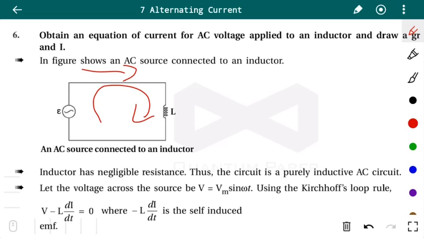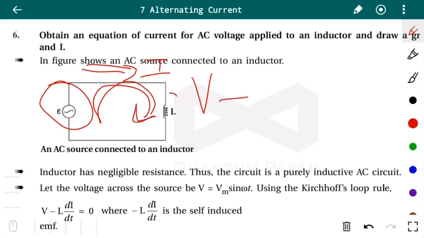Starting from this AC voltage, we can write V, that is the AC voltage. Here the current direction and the path we are choosing are both the same, so the sign will be minus, and the voltage developed across the inductor is taken as VL. There is no other component, so it equals 0.